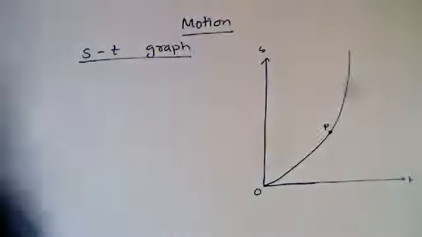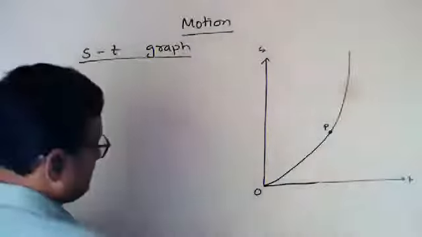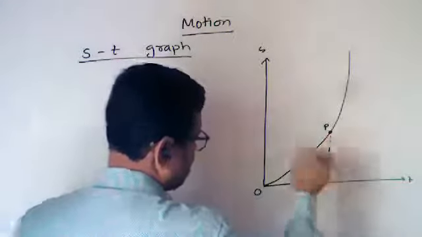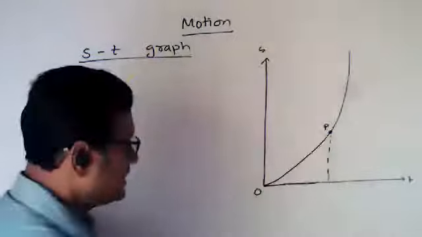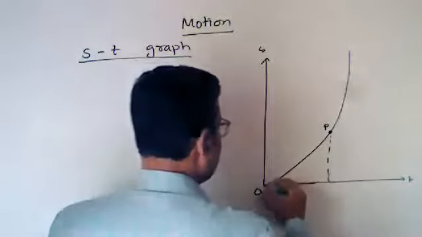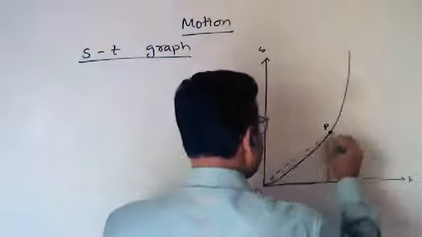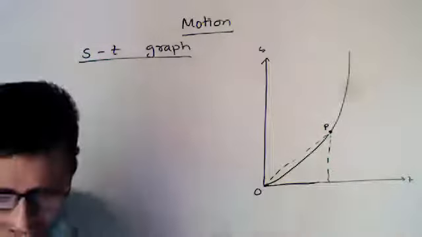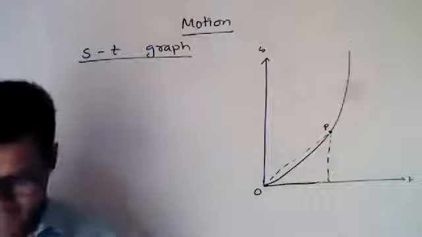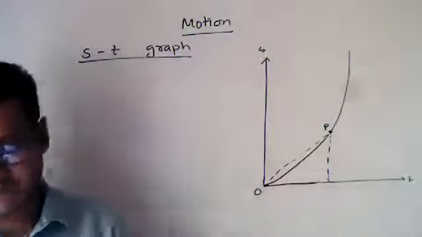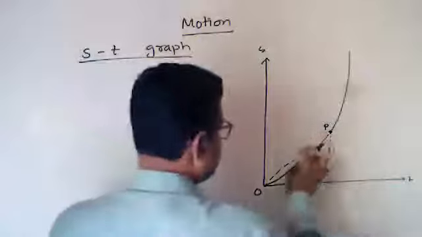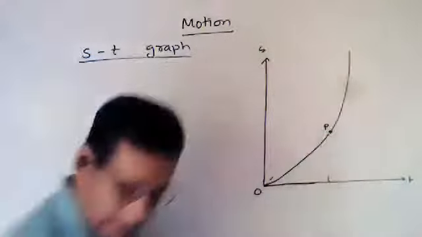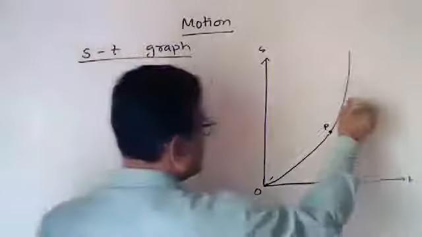If you draw a normal from this point, it is not a right angle triangle, so you cannot consider it a right angle triangle. For this purpose, you have to draw a tangent at point P.